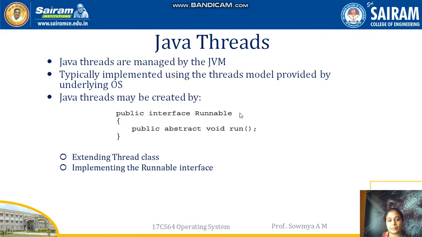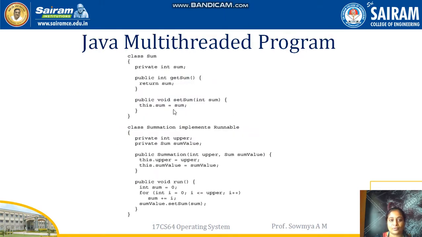Java threads are similar to the Java threads we studied in the previous object-oriented Java classes. Here we use the same Java thread mechanisms: extend the Thread class and implement the Runnable interface for execution of threads. We have a class Sum where the sum is computed, and Summation implements Runnable where the summation function is written.